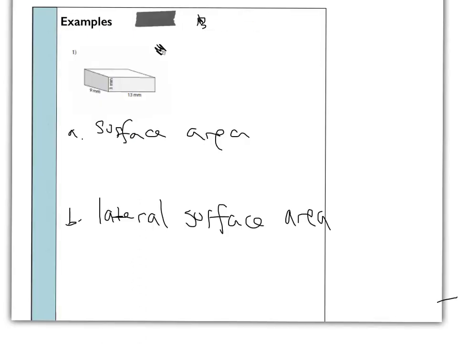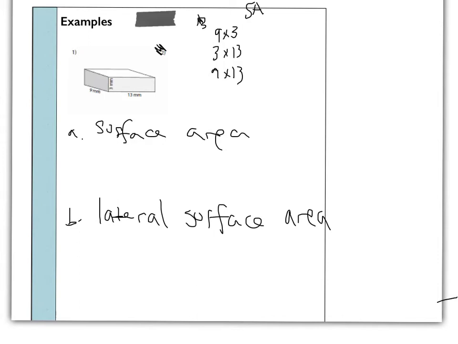Okay, so now I want you guys to look at this example. It is a prism in this case, and we want to find the surface area and the lateral surface area. So we need to think about what those things mean. I want to think about the net of this object.